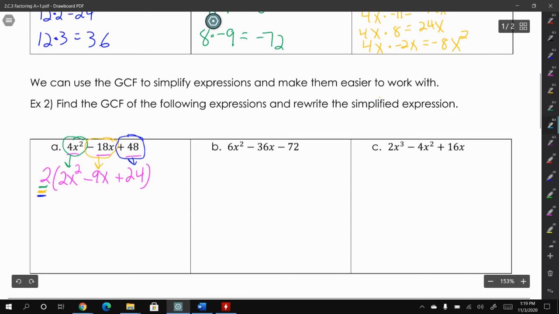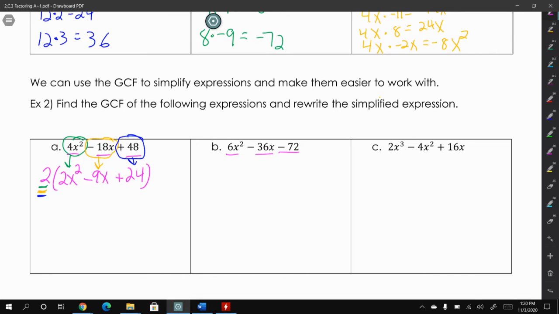And you can always distribute this back and see if you get the original answer. I'm not going to do it on this one. I'll do it on letter B so that it doesn't get all messy over here. So I look at 6x squared minus 36x minus 72. That can be confusing to deal with, but all these terms have a 6 in common.